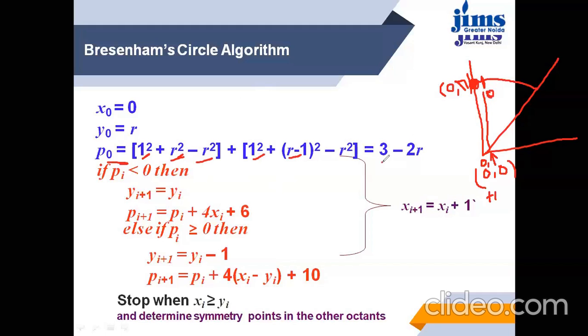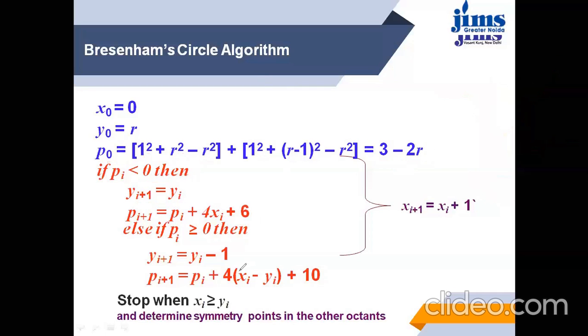So this is 3 minus 2r. When we solve this, 3 minus 2r is the decision parameter. If pi is less than 0, then we have to select the same pixel.